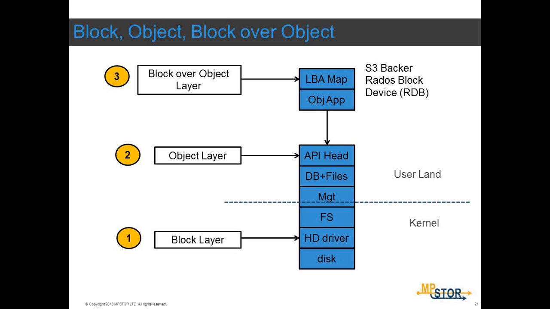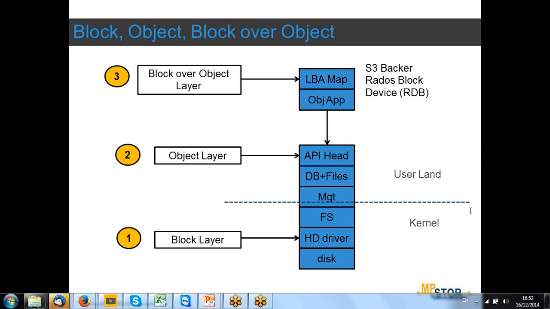So the semantics of block over object on top of file system on top of block is far less efficient than simply taking a block volume, terminating it in a nice SCSI initiator and presenting that to your consumer. Okay, thank you. So it's a block on top of an object on top of a block, and the limitation of performance.